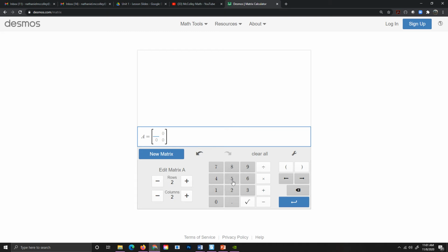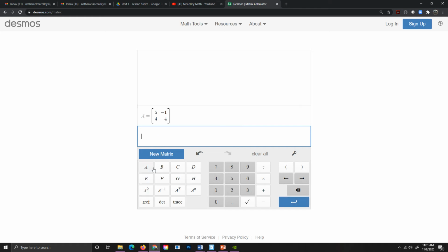It was 5, and then the right arrow key, and I'm going to hit the minus and then a 1, and then the right arrow key again, 4, and then the last coefficient was -4. So we're going to hit enter for that, and now we're going to hit new matrix B, and here we only want one column.